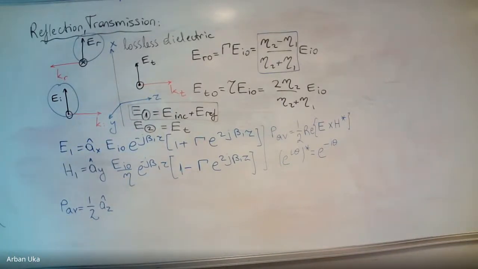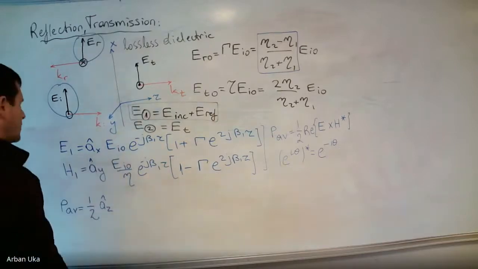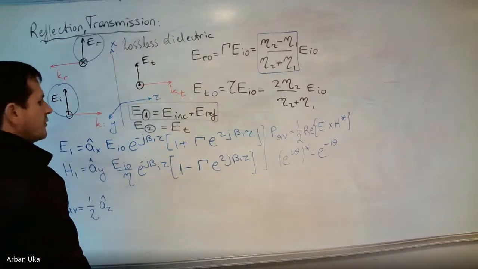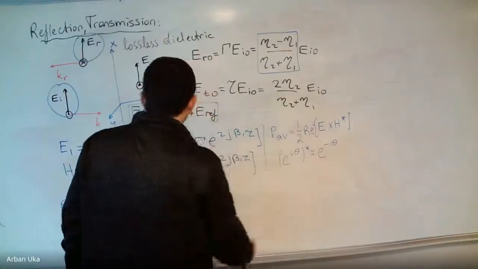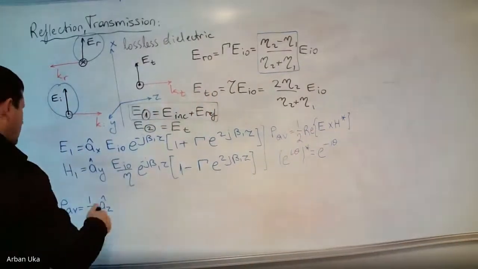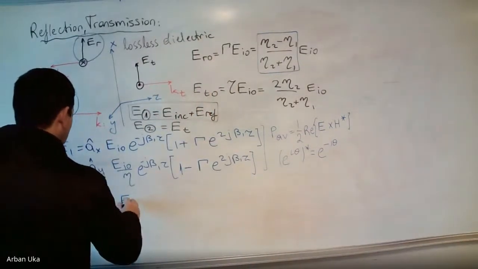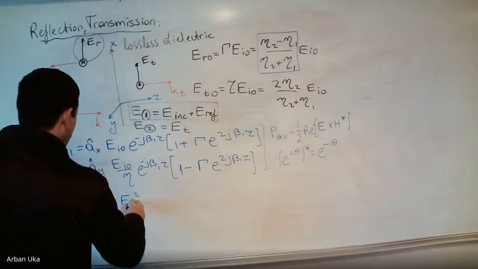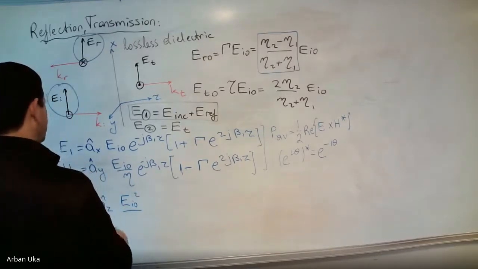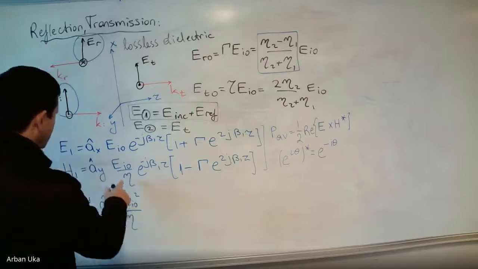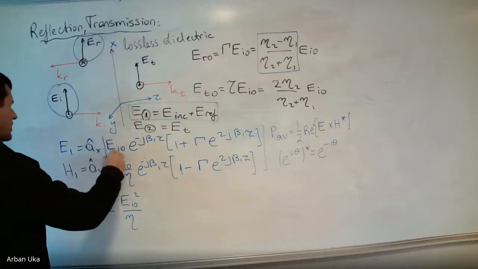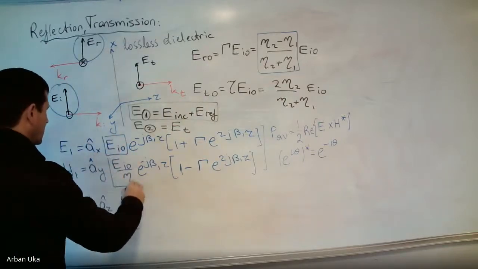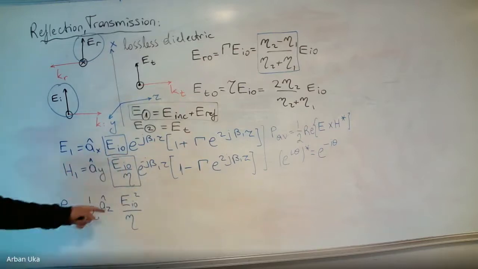So now we just start multiplying all of these terms, and if we multiply the amplitudes of E and H, we get E_i0 squared divided by eta, this intrinsic impedance, because this amplitude is going to multiply with this amplitude. We get this. The cross product we get here.